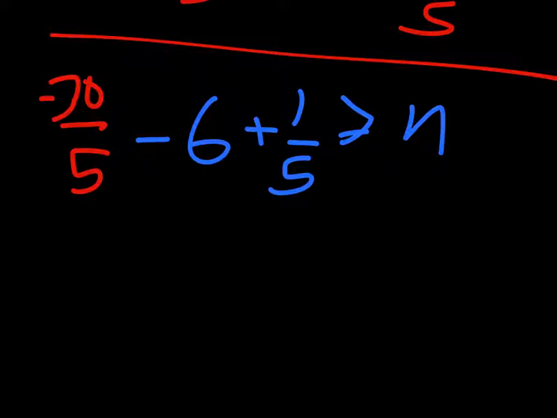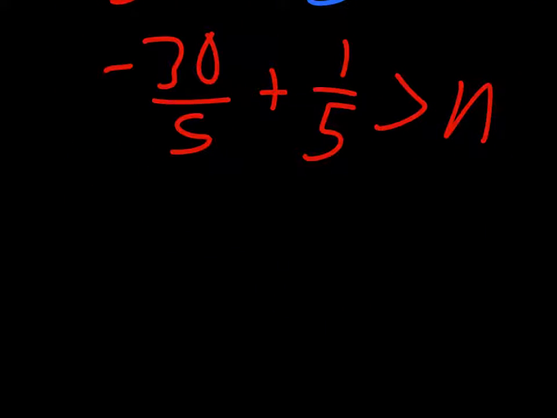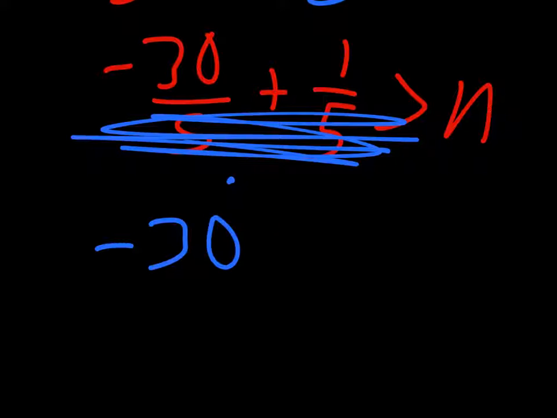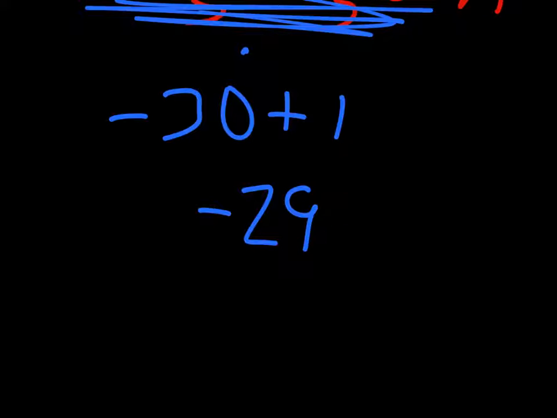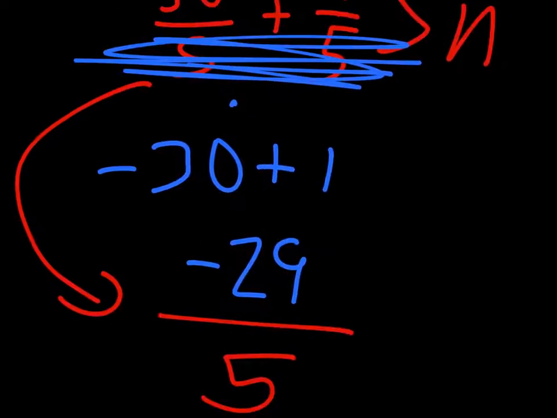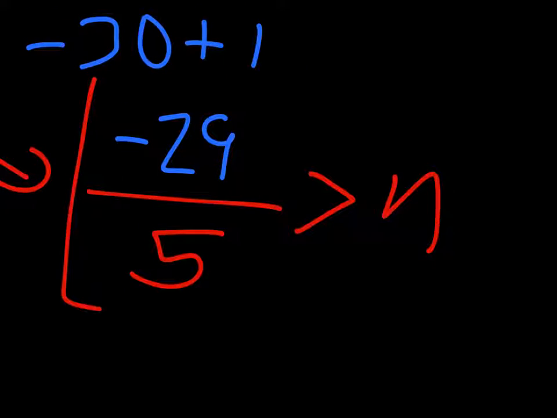Remember, this is negative. So now we have negative 30 over 5 plus 1 over 5. If you get confused, just cover up the denominator. Negative 30 plus 1 we know is negative 29. Now, bring back the denominator of 5, and then the inequality again. Bam, there's your answer.